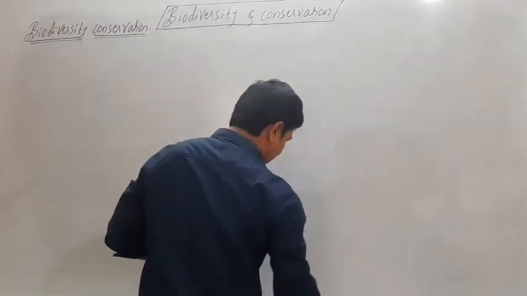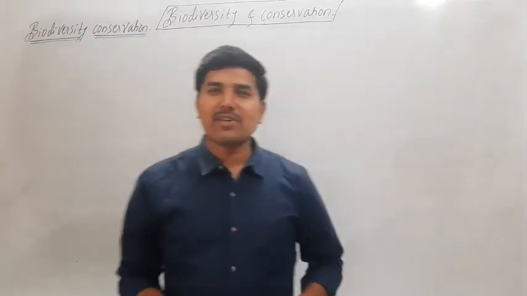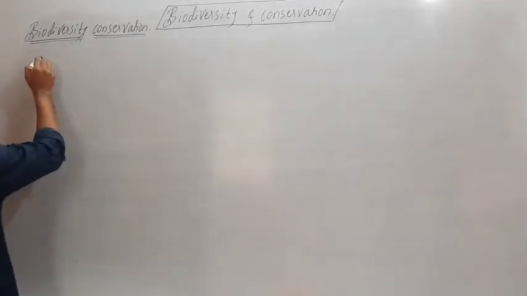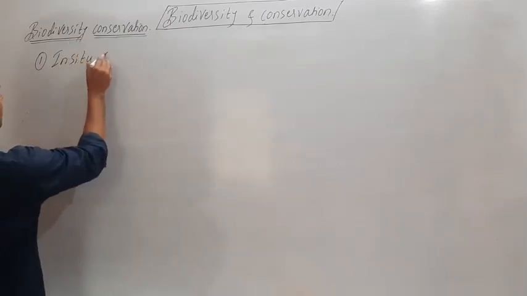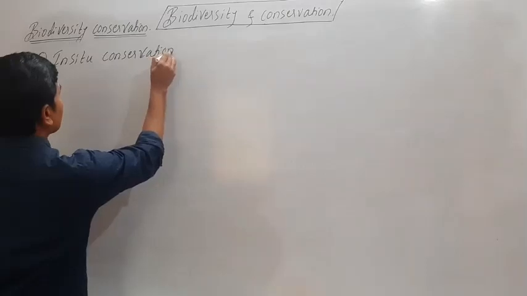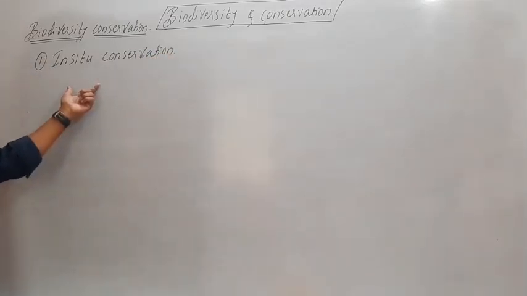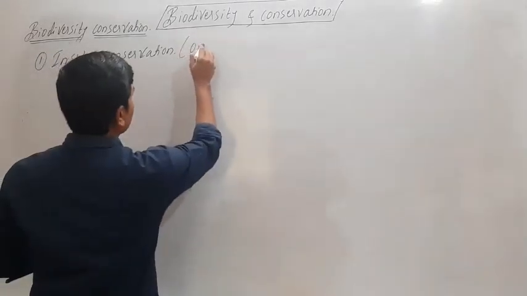In the conservation of biodiversity, we have in situ conservation as well as ex situ conservation. The first one is in situ conservation, which is called on-site conservation.